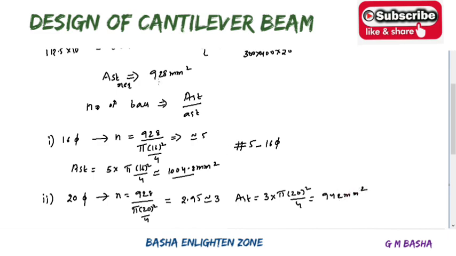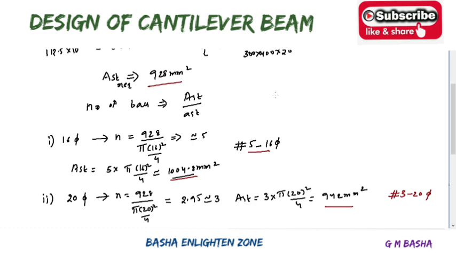Your required area is 928. If you provide this, comparing with the previous one, it will be economical. Because 3 bars of 20 dia give 942, which is greater than required but economical compared with 5 bars of 16 dia.